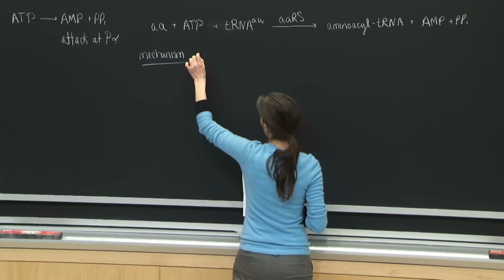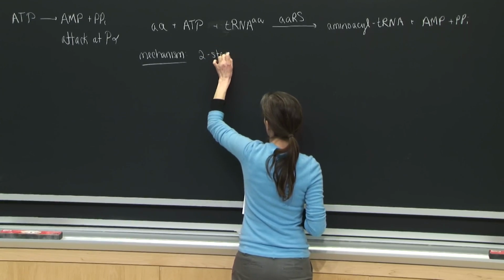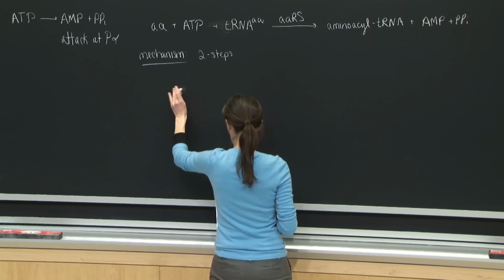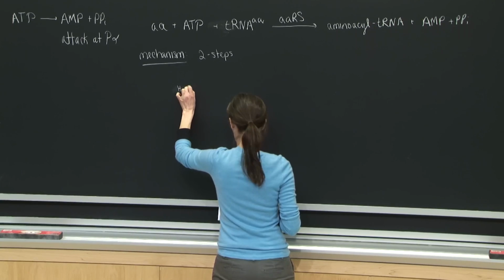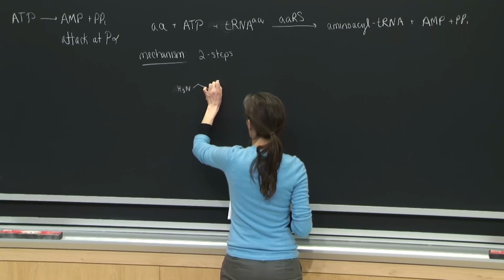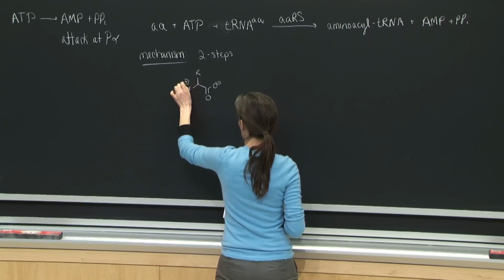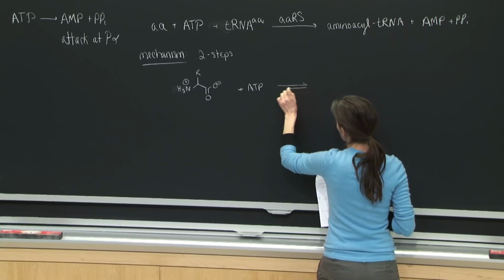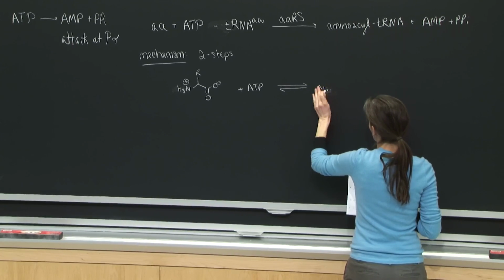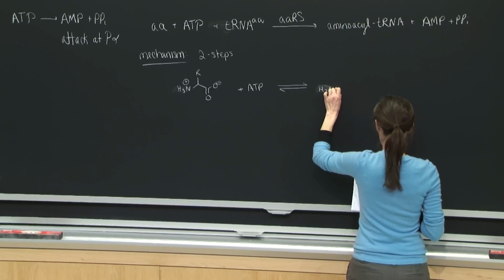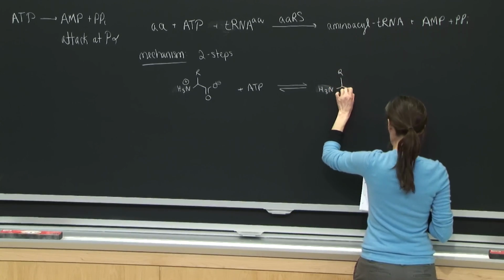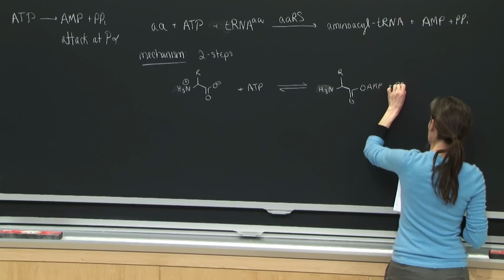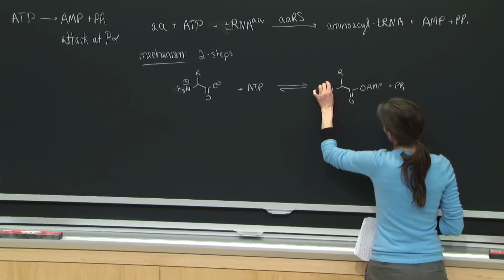Okay, this is going to be a two-step mechanism. And so in the first step of this mechanism, we have the amino acid plus ATP, and we have formation of an O-AMP intermediate, plus PPi here.